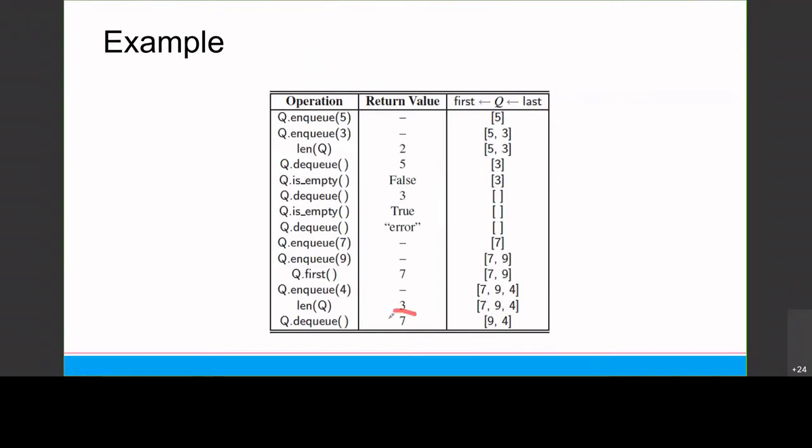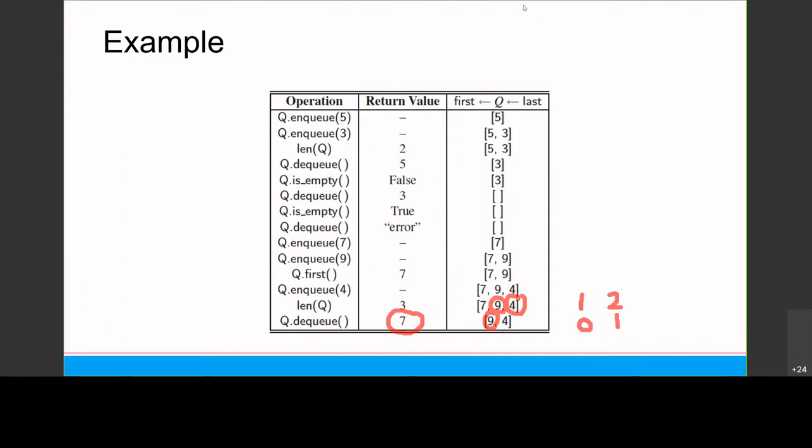If you DQ 7, then 9, which is from index 1, now becomes index 0. 4, which is from index 2, now becomes index 1. So there is a shift for this element.